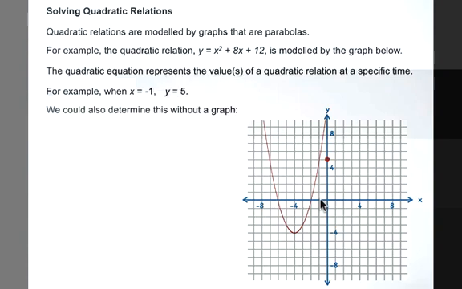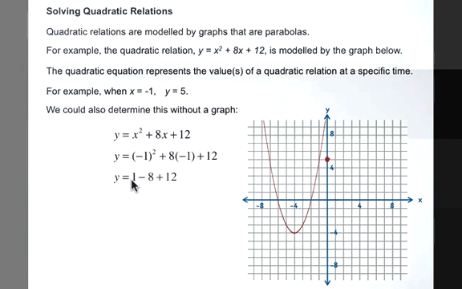We could also determine this without a graph. So, if y equals x squared plus 8x plus 12, we want to know what y would equal when x is negative 1. We would substitute negative 1 in for x.